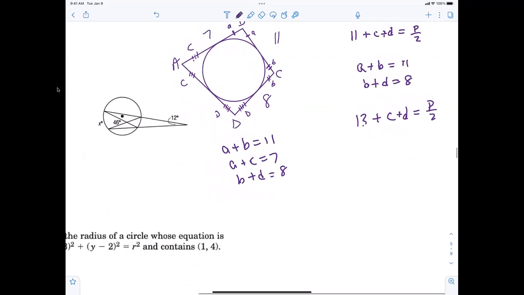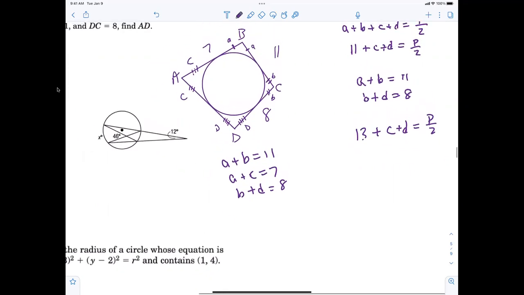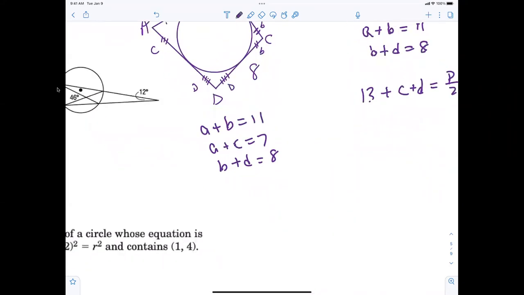Do I agree with that? A plus B has to equal 11. So if I add those, 2A plus 2B plus C plus D has to equal 26.